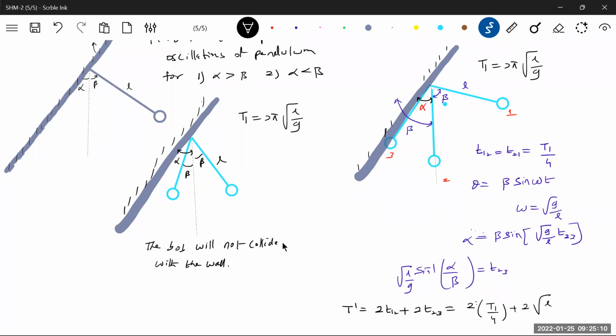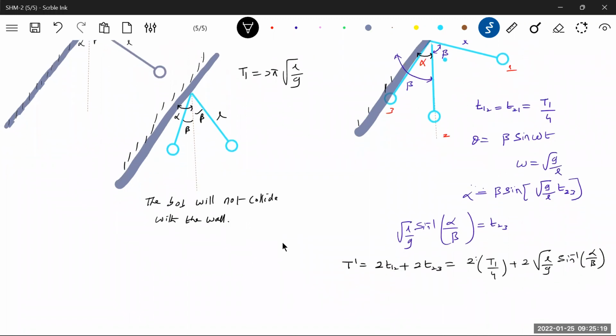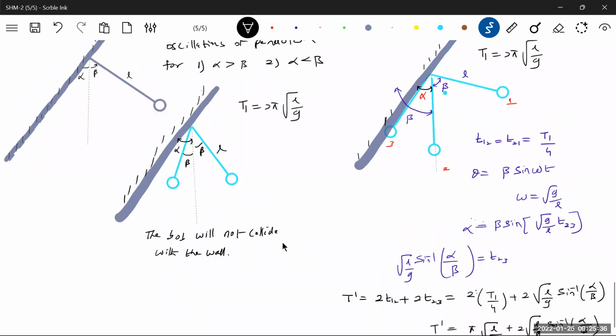T23 is root of L by G, T1 is 2 pi. So this will become pi root of L by G plus 2 root of L by G. This is the time period of oscillation for the second case.